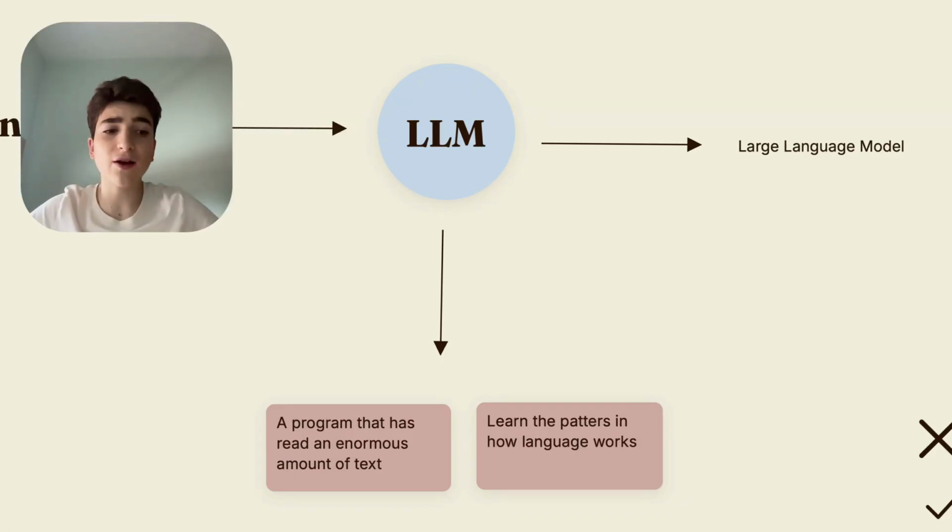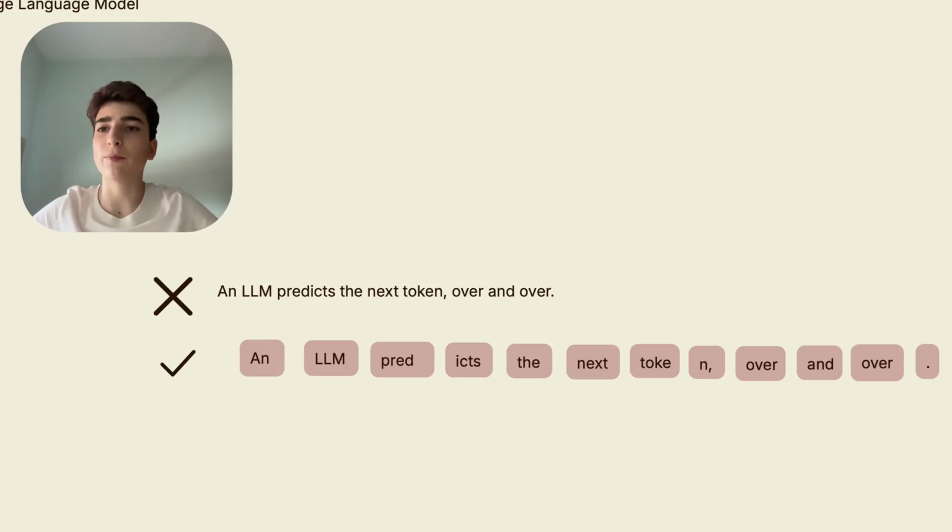So when you give a large language model a text, a prompt, it doesn't read like us. It reads like an LLM: it predicts the next token over and over again. It divides everything into tokens, which are small pieces.